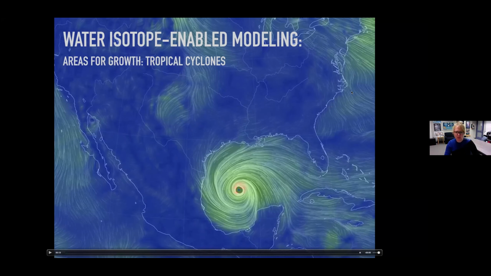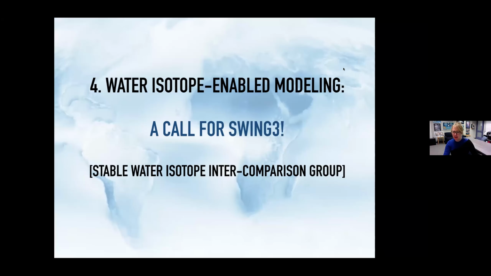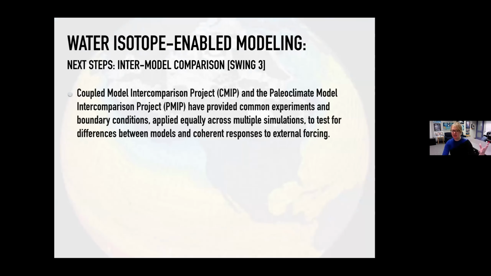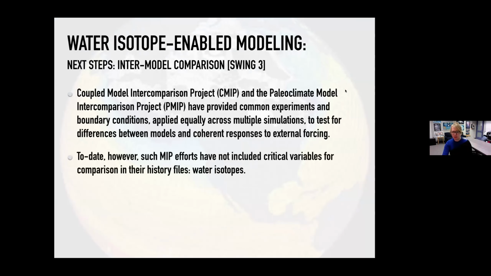All right, so I'm almost done. I just wanted to quickly go through the last part of my talk, which is a call for a new stable water intercomparison group, or SWING 3. We know that our colleagues who work on CMIP and PMIP, the Paleoclimate Model Intercomparison Projects, are providing these common ground experiments with the same boundary conditions to look at intermodel differences in response to the same external forcing, but these MIP efforts are not including water isotope fields.